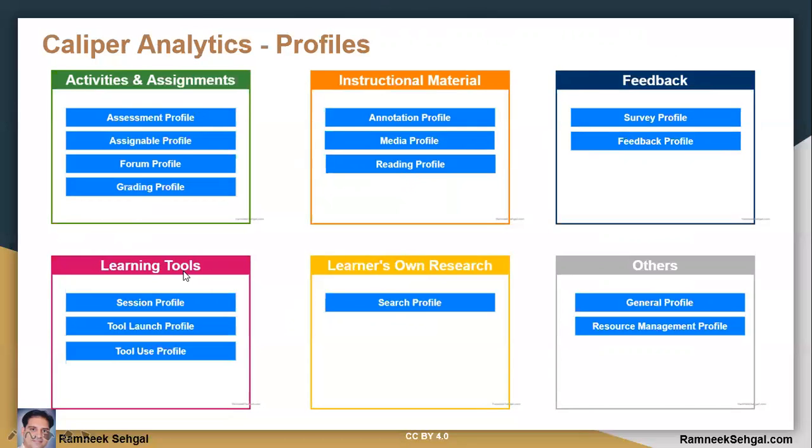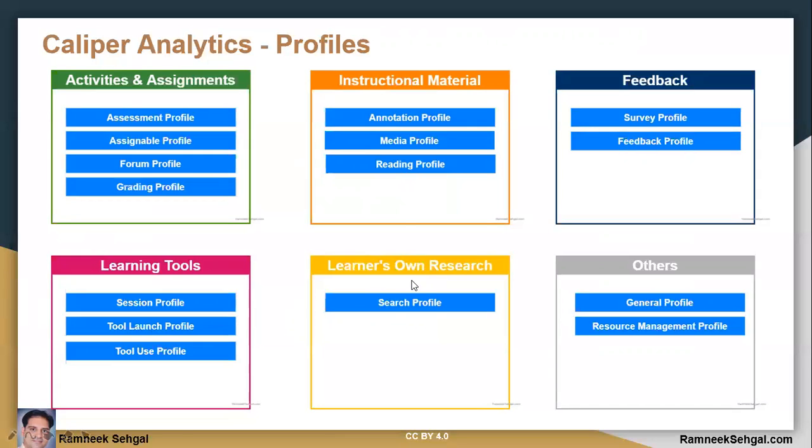Then we have learning tool specific profiles, like the session profile, for login, logout, and so on. Then tool launch. Whenever we are launching a tool from a learning platform like an LMS, we want to capture that information, because there is more than one tool integrated with the LMS, and for that we have the tool launch profile. Then various tools are in use, so we can capture what kind of tools are in use.